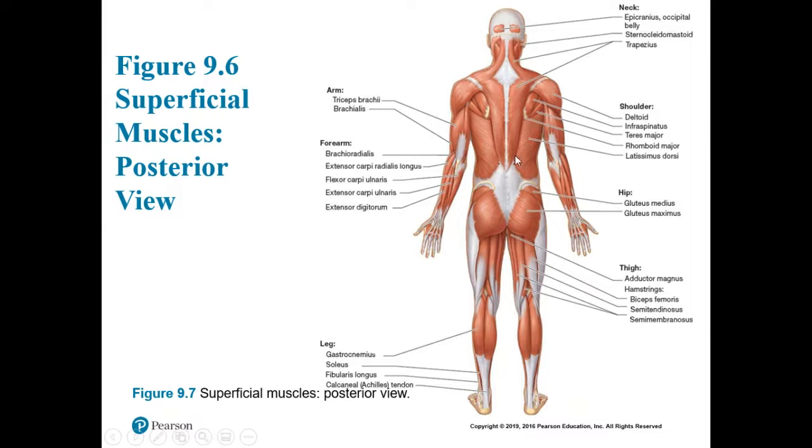Okay. So here's the origination point, right, of the latissimus dorsi. I've talked about that. The insertion point is going to be on the humerus, right? So it connects on the medial but superior proximal end of the humerus to again play a role in the movement of your arm.